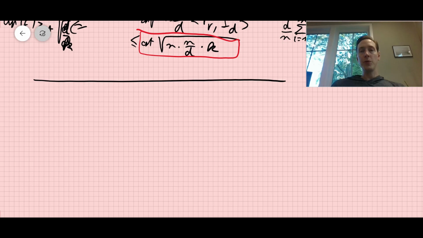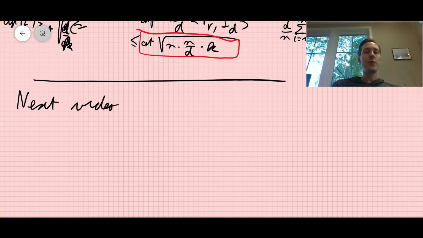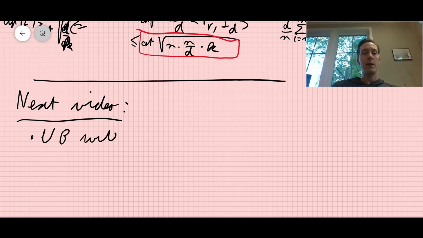So what I will do, I will make another video about this paper, and in this next video, here is what I'm going to explain. The first thing is that I will tell you an upper bound with square root d Lipschitz and k of order n over d.